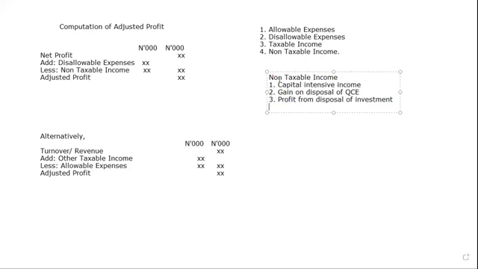Impairment is under IAS 36. The idea of impairment loss is that it is a sudden reduction in the value of an asset, indicated by the indicators of impairment. You have external indicators and internal indicators, but let me not go into that.